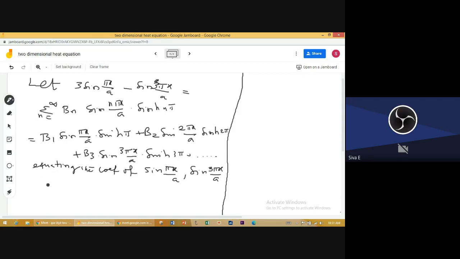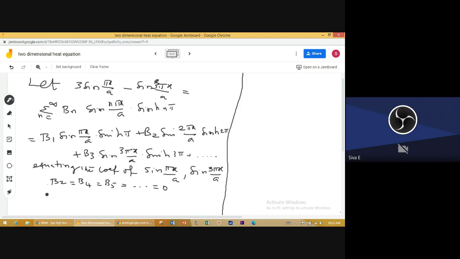So if you are equating sin pi x by a and sin 3 pi x by a, what do you get? b2, b4, b5, etc. all are equal to 0. What are b1 and b3 here?